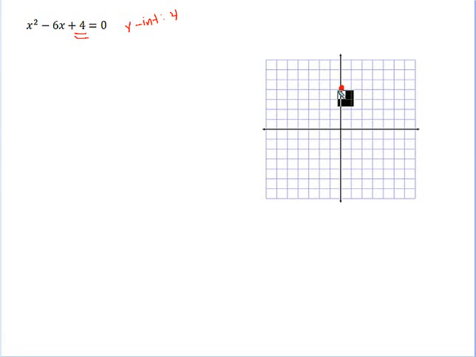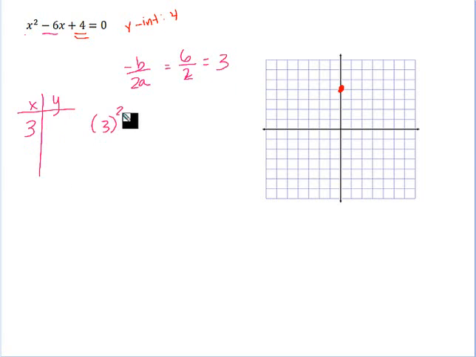And then we want to figure out what our axis of symmetry is. So -b over 2a. -b in this case would be a +6. 2 times 1 is 2, so this is 3. So when we do our xy chart, we definitely are plugging in 3 for our x. So that would be 3 squared minus 6 times 3 plus 4. 3 squared is 9, minus 6 times 3 is 18, plus 4.